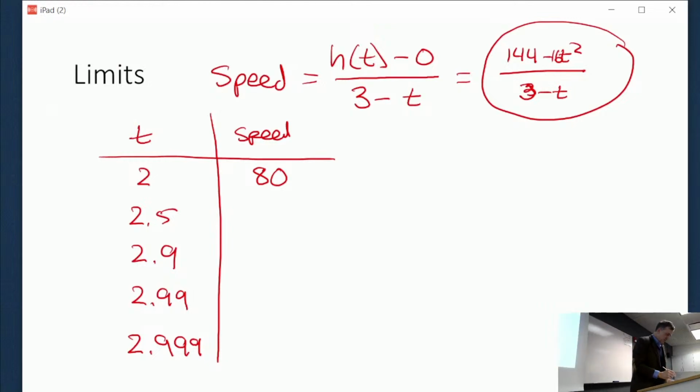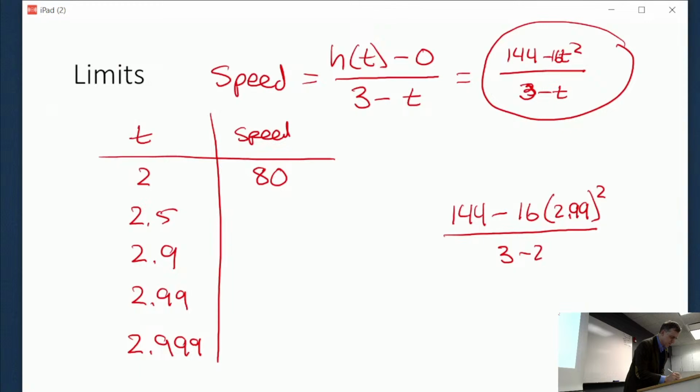And we also did 2.99, but I don't remember the number that we got for 2.99, so I'm going to do it again. For 2.99, I would do 144 minus 16 times 2.99 squared all over 3 minus 2.99. And if you'll allow me, I will pull out my calculator and do this because I cannot do this in my head.